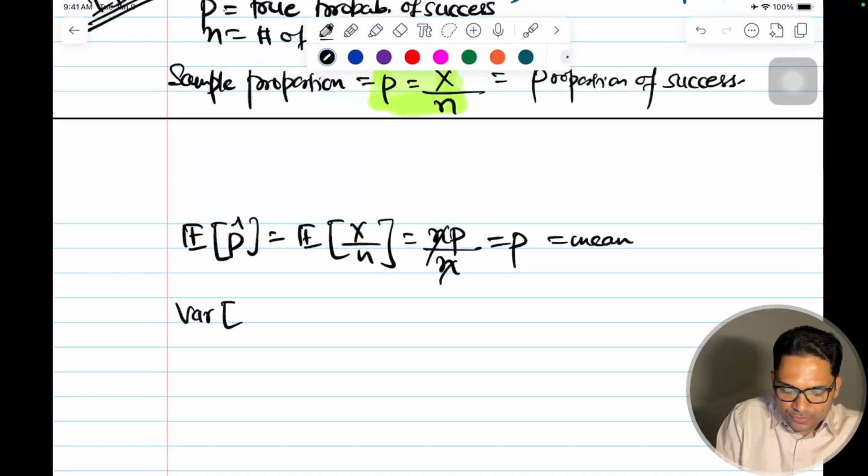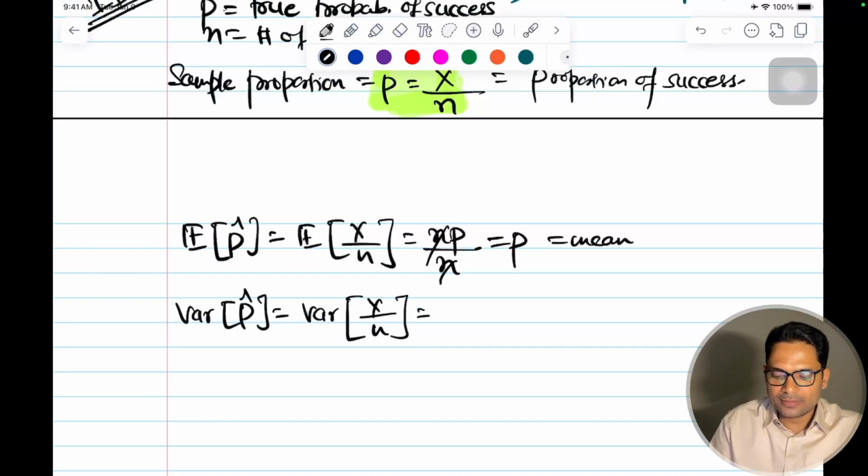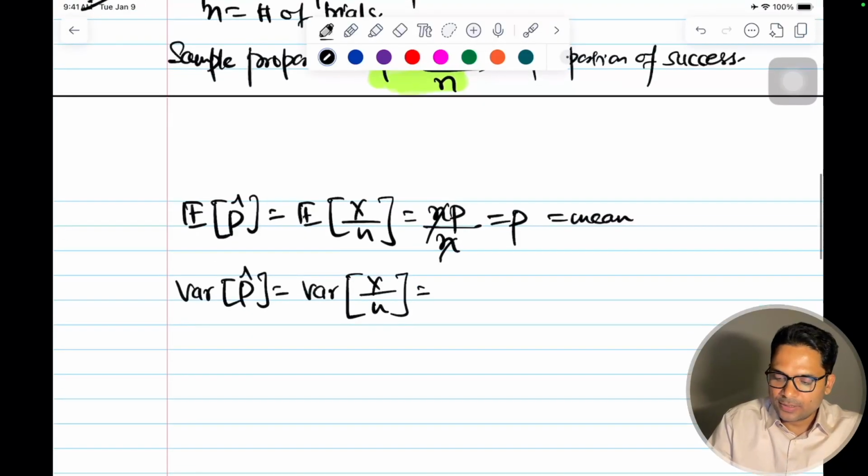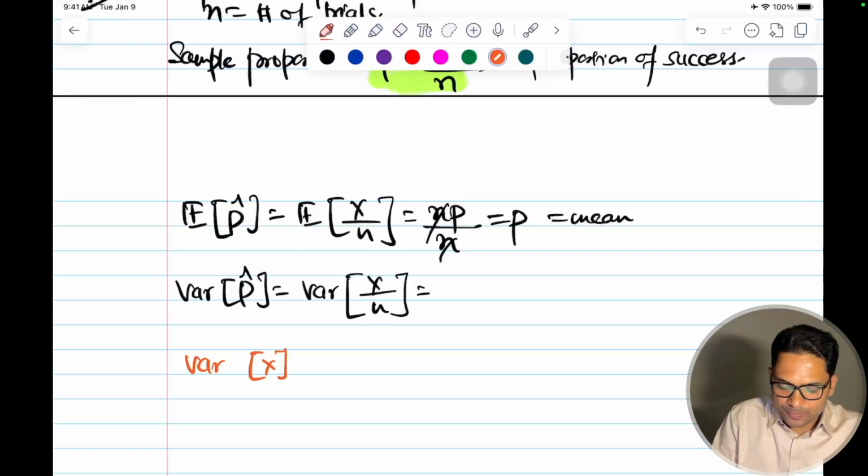And then the variance. What will be the variance of this? Because we want to know the distribution. Variance of this p hat will be variance of x by n. And by the variance formula, the variance of cx, if c is a constant, is equal to c square times variance of x.